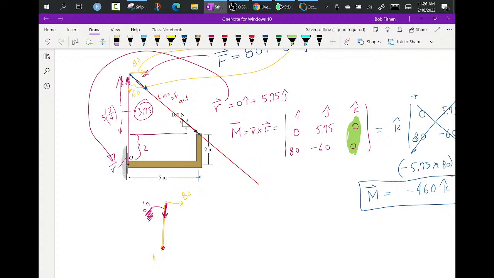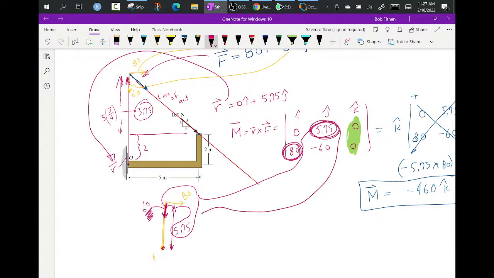Now let's look at this one. This distance right here is 5.75. This is a moment, which is 80 times 5.75. 80 is the force, the moment arm is 5.75, and it happens to be creating a moment in that way.